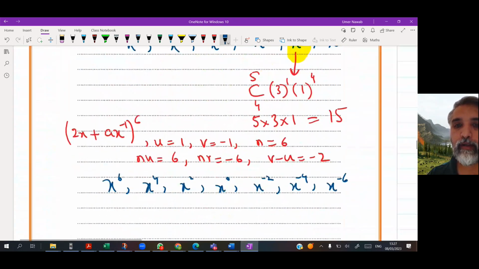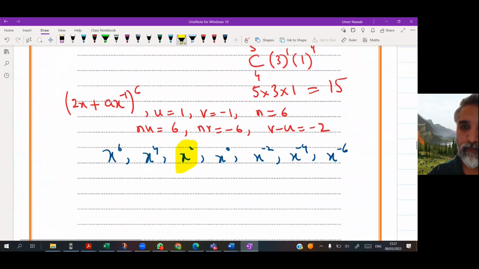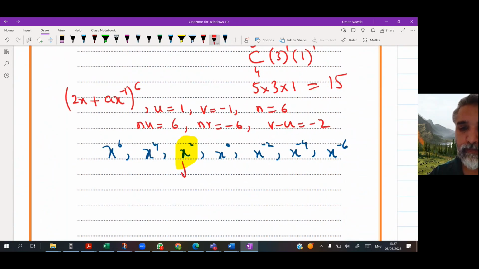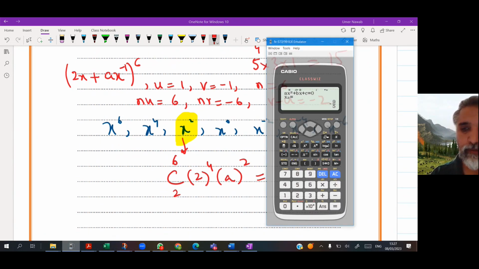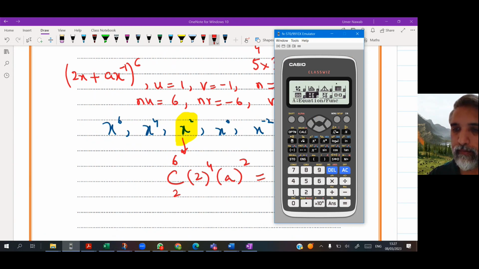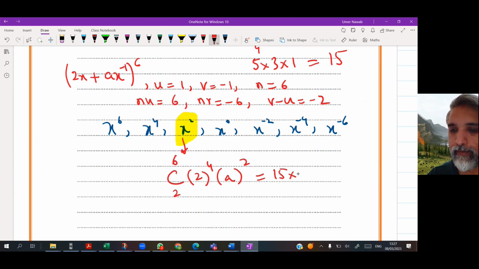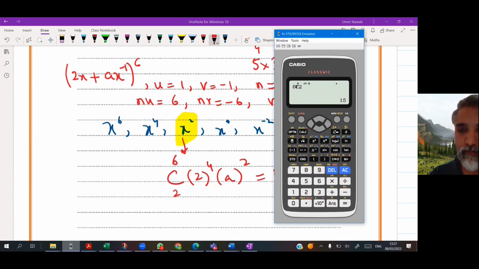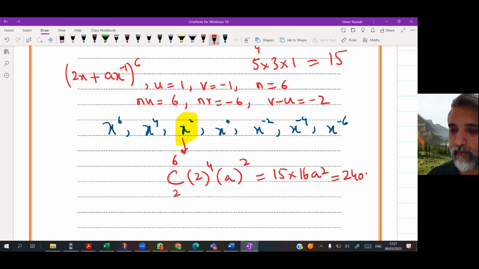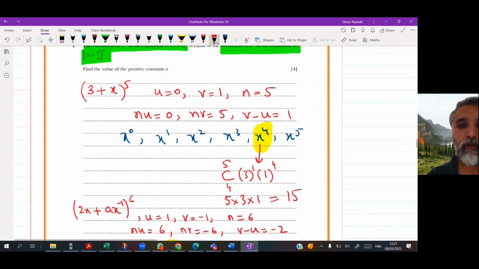We are looking for x squared, and this term is 6C2 times 2 to the 4 times a squared, which gives us 15 times 16 a squared, which is 240 a squared.